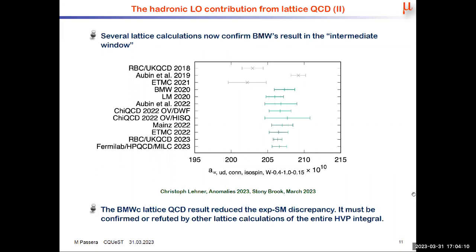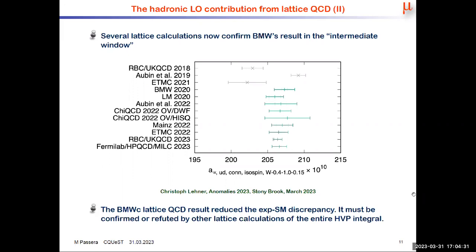No, it's the full, this is really lattice QCD. So of the fundamental Lagrangian? Yes, exactly. And there is, as I say, only one result obtained in this way, and it's the one that I showed you, the BMW result.